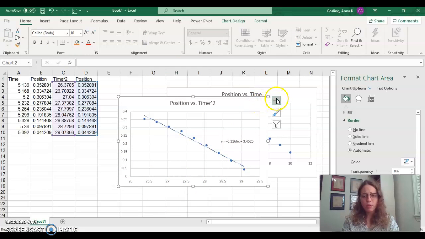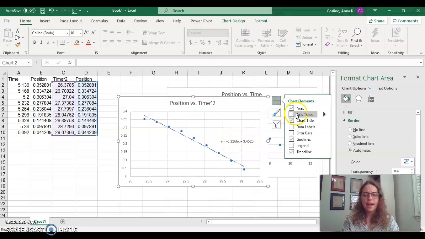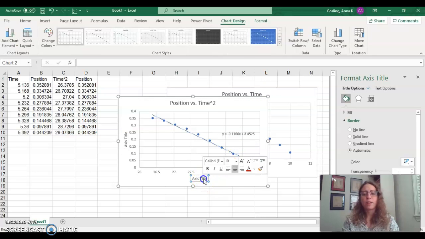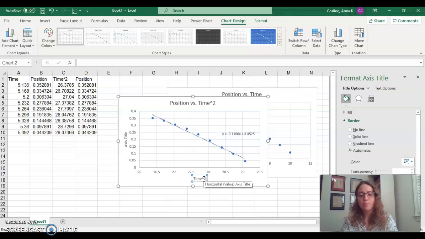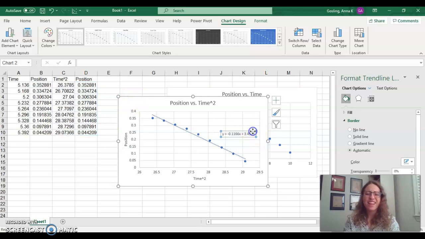So what I'm going to want to do is add in my axis titles with, again, the correct information. My x-axis now has my time squared. My y-axis now has my position. And I have a trend line, and what I want in my trend line is to put in all of my initial information.